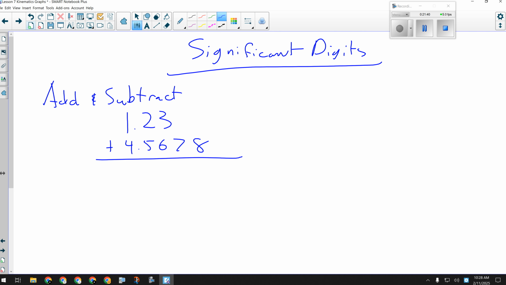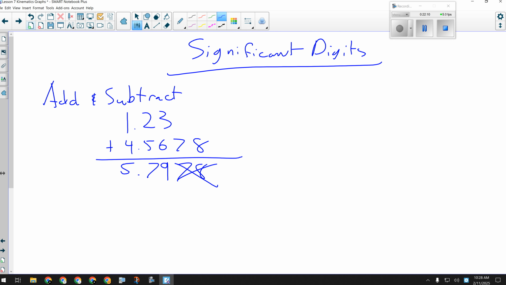Okay, the one with more decimal places, right? If I have to add those two measured values together, my answer cannot be more accurate than my least accurate measurement. So when I'm done this, this will be 8, this will be 7, this will be 9, this will be 7, and this will be 5. But I can only keep that much.